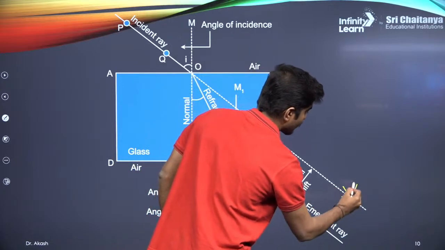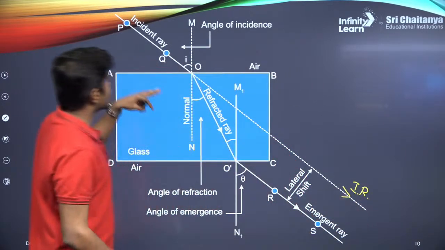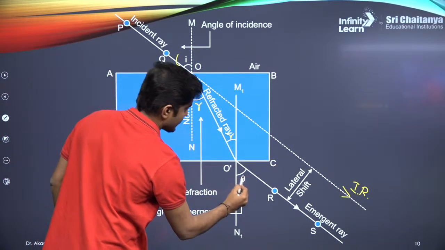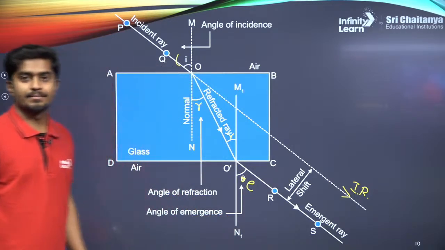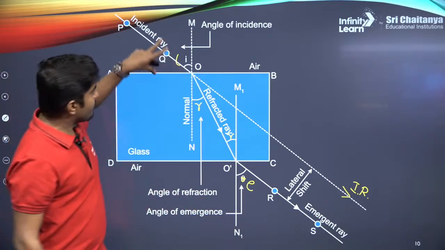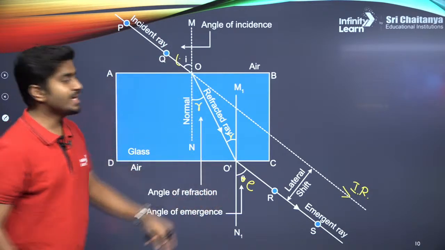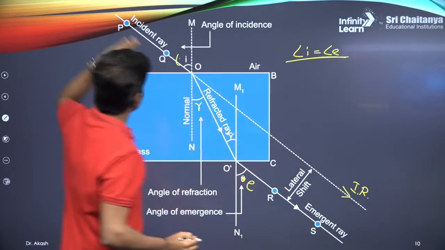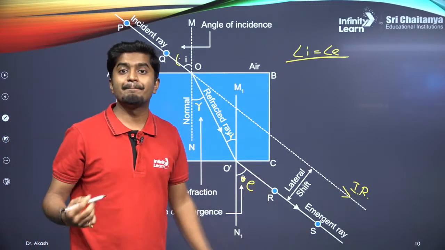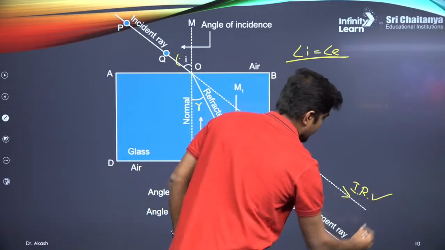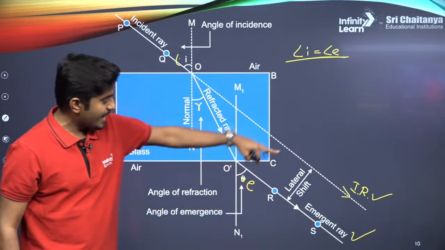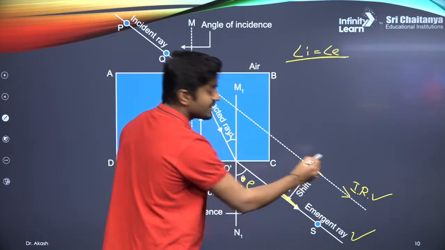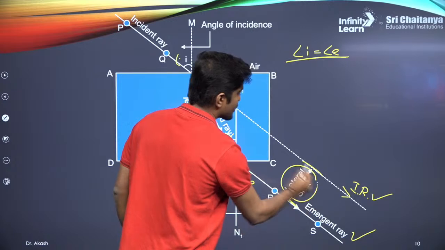This would be the path of the incident ray, and this is the angle of incidence I. This is R, this is also R, and this is the angle of emergence E. So here we have proved angle I is equal to E, and because of this, the incident ray and the emergent ray are parallel to each other, and there is a distance between them. The distance between these two rays is called the lateral shift.